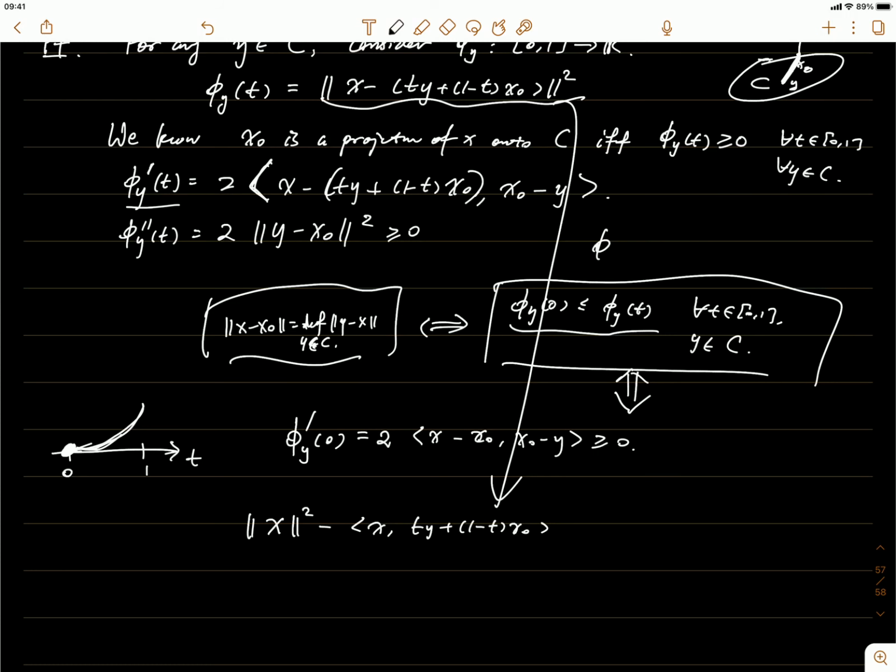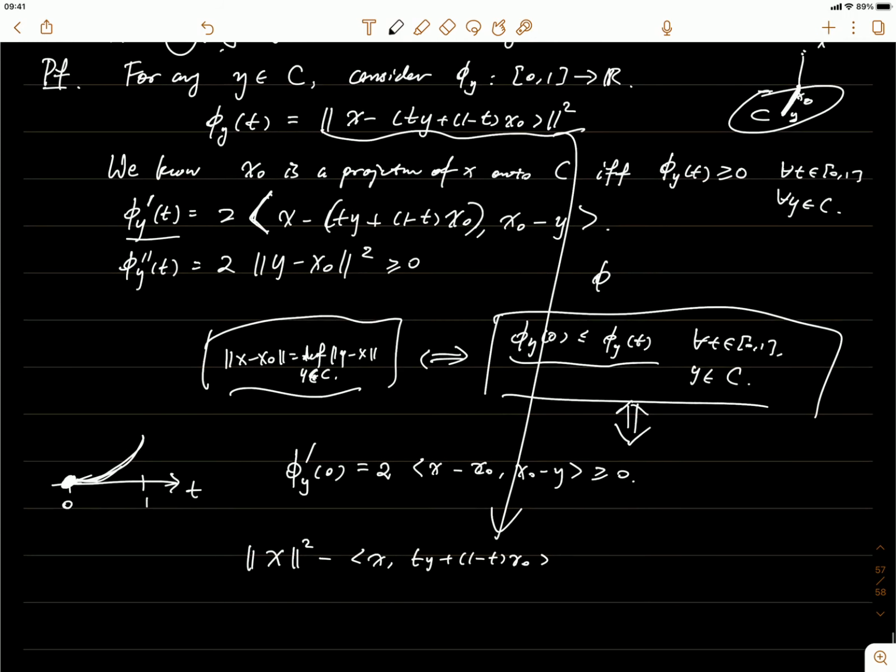And I also have the conjugate term with ty plus (1 minus t) x naught, x. No, I should do this in this way. So let me rewrite here.